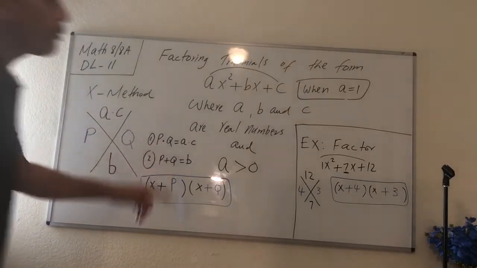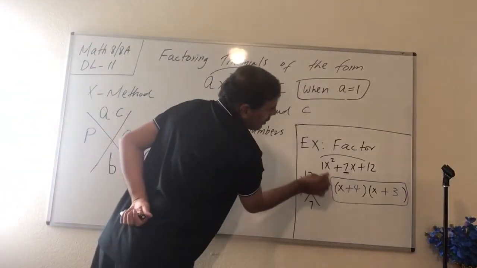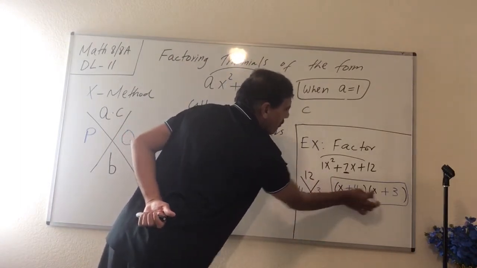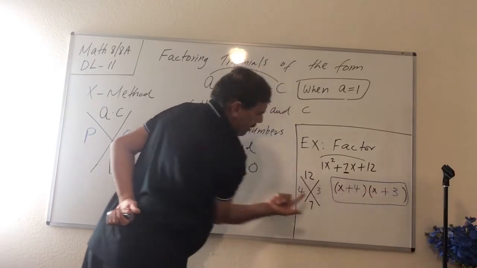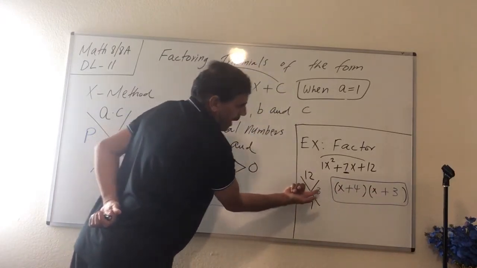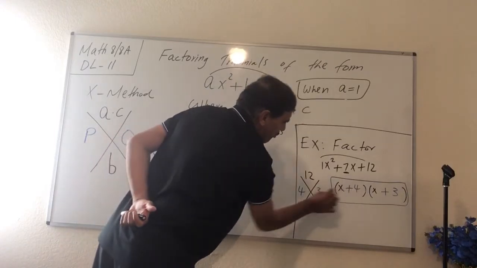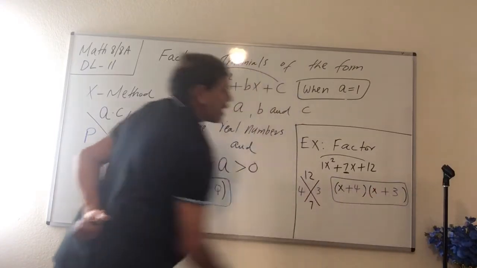So how do you write it? When you multiply, x times x is x squared, so the first term is x, x. The second is positive 4 and this is positive 3. You always copy the signs as is: plus 4, plus 3, and that's the answer.